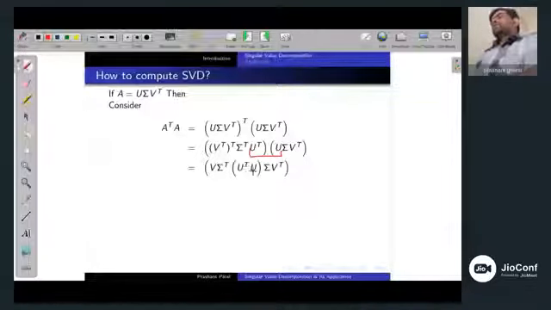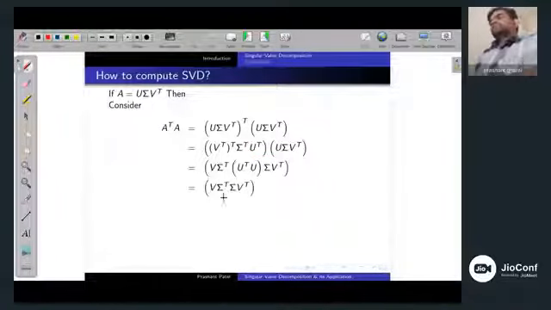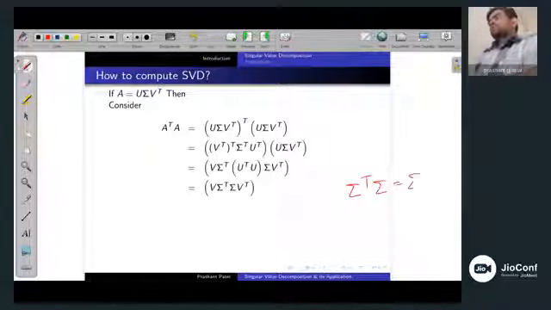U transpose into U is identity because U is an orthonormal matrix. And so you have this quantity. Then sigma transpose into sigma gives you sigma square.